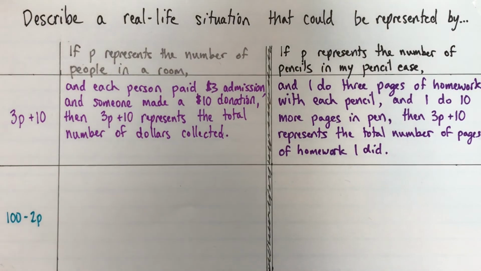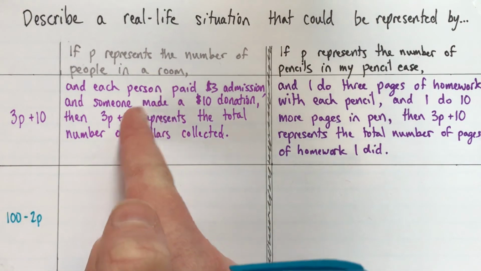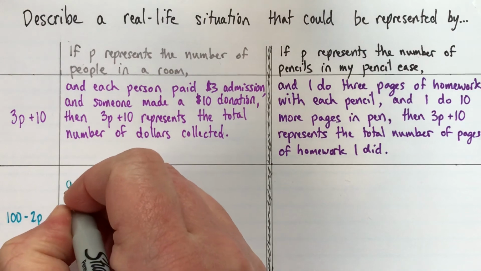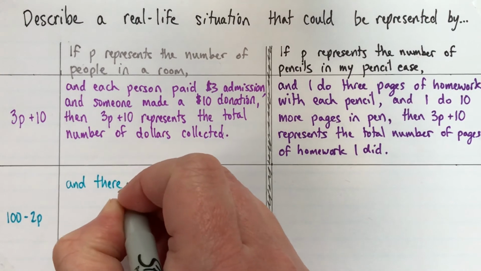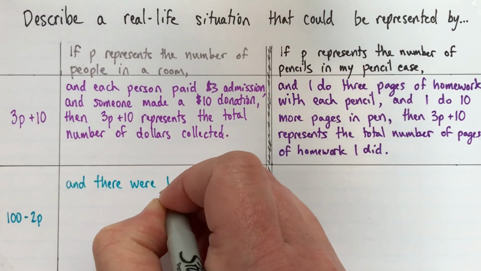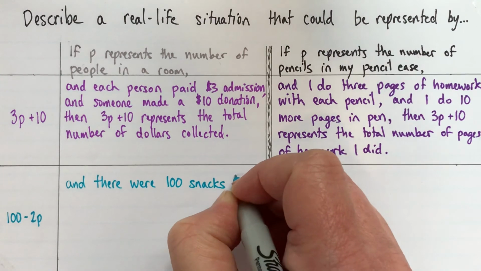Oh, and here's something that would work nicely. If we started with a bunch of snacks, and then everybody ate 2 as they came in, that would work beautifully. So we've got p representing the number of people in a room, and there were 100 snacks to start.